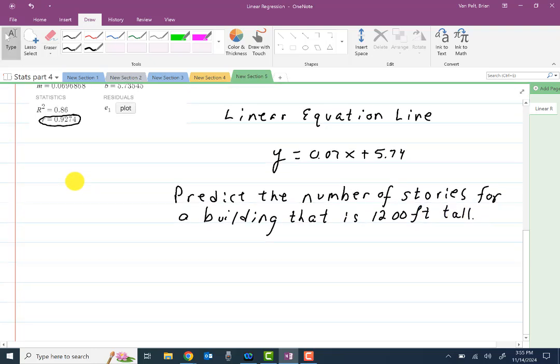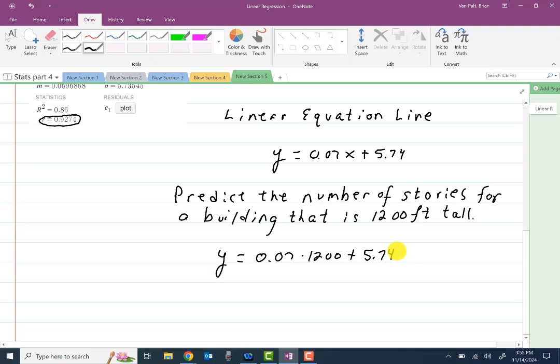And the way you do that is you take your equation and you put the 1,200 in where x was, and then you add the 5.74.